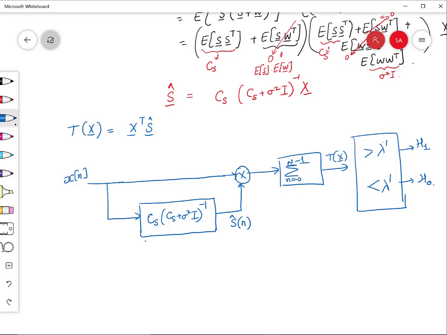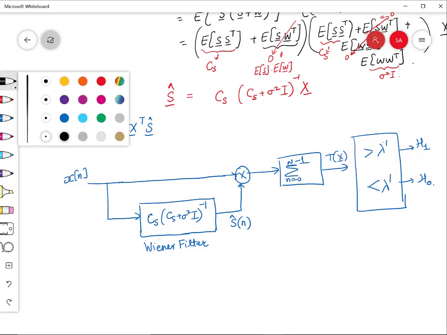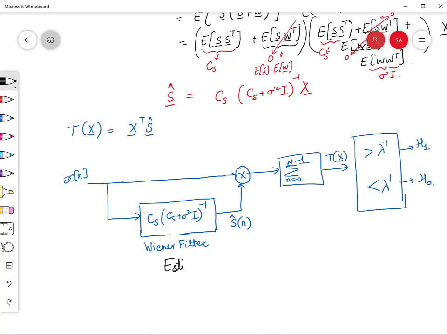Such kind of a filter is also called a Wiener filter. And this whole structure is called an estimator-correlator.